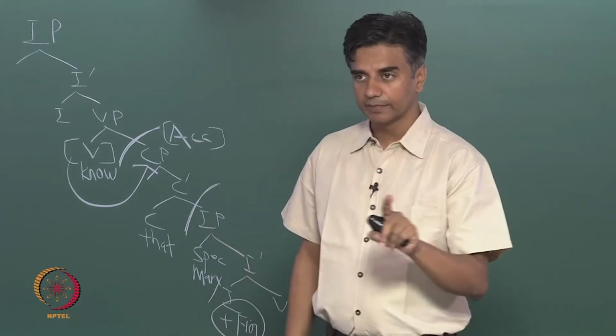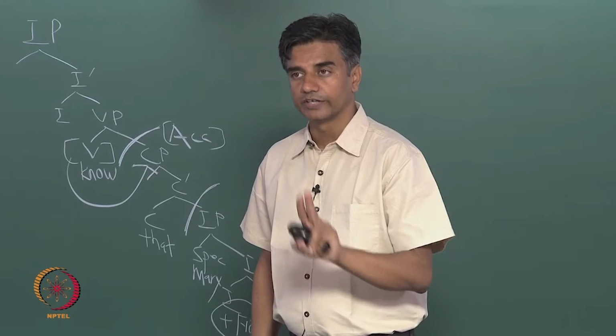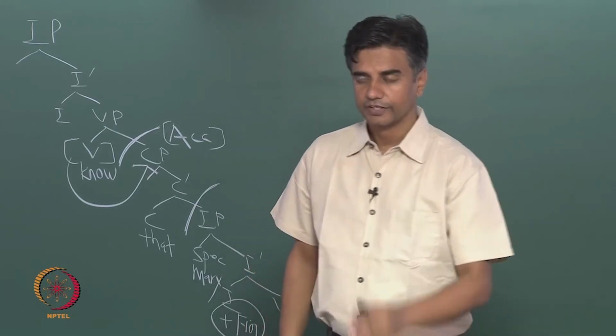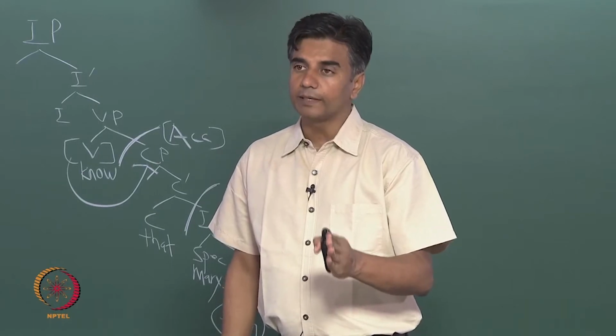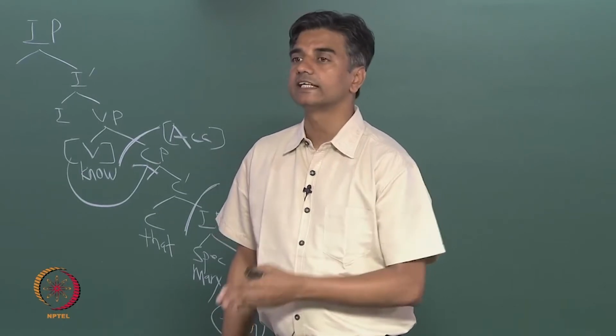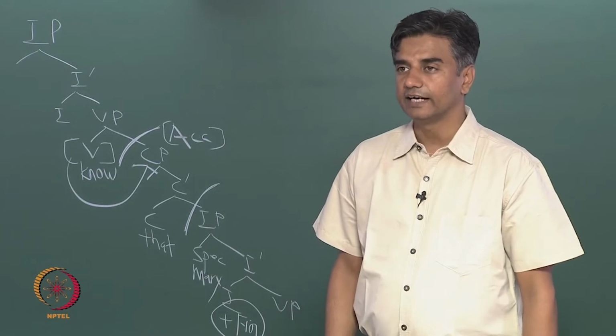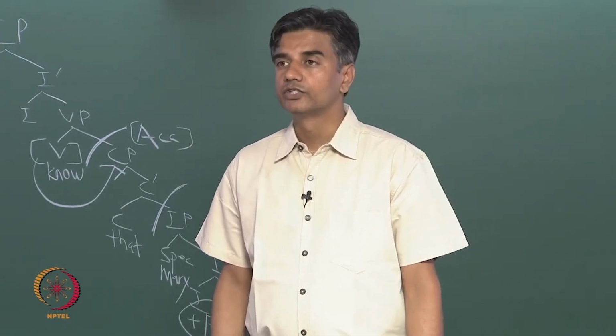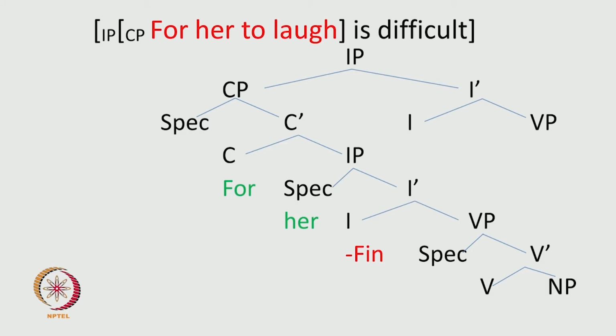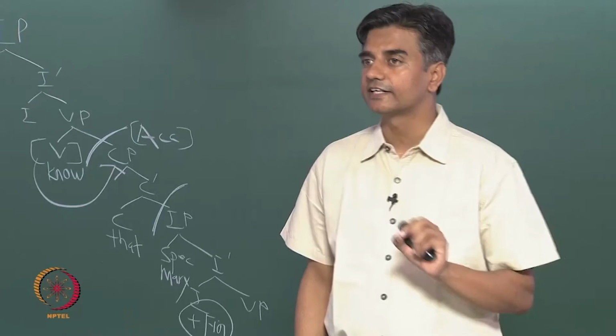And there are a couple of other aspects that we are going to look at. Hang on for a moment. Then we see in the complement position of this C, we see a sentence, right? And the sentence is her to laugh, right? And then her is in the spec position of that IP.